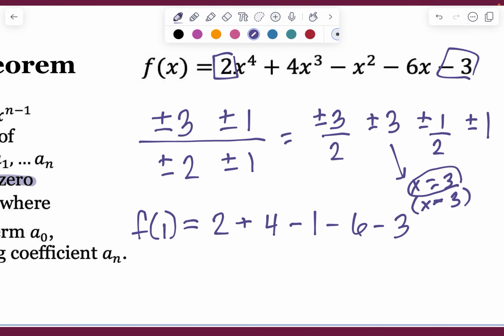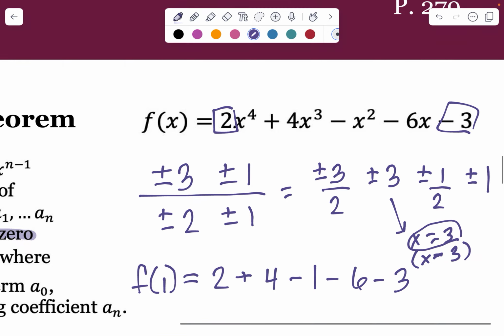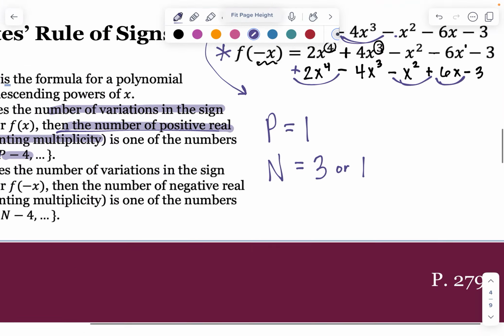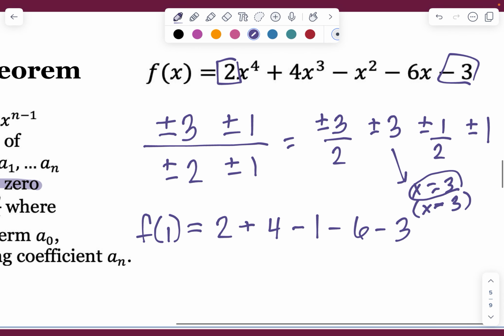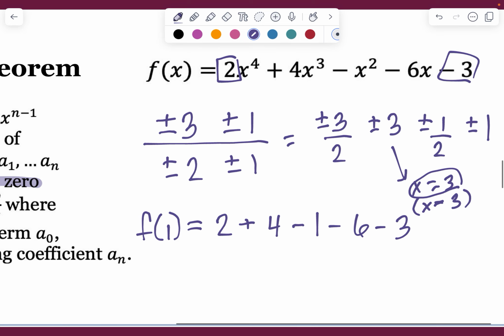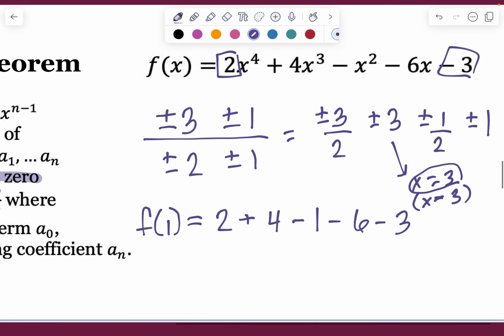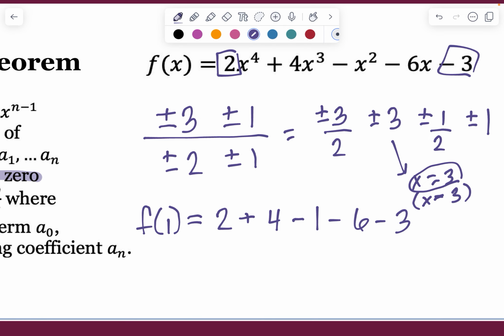Okay, and let's see. Okay, and so when we do that, we end up with, let's see, 6 minus 1, 5, minus 6, negative 1, negative 4, okay? So that is not 0, so 1 is not one of our roots. Let's try negative 1.